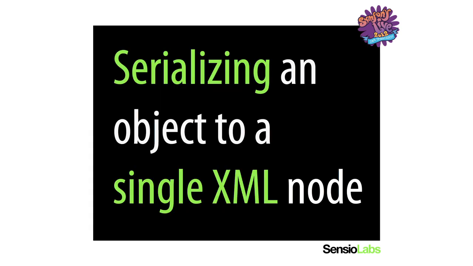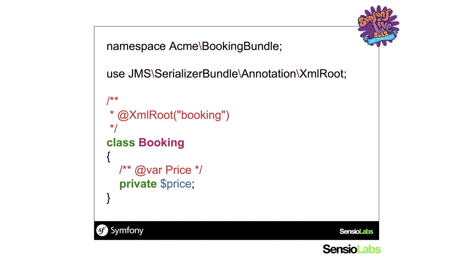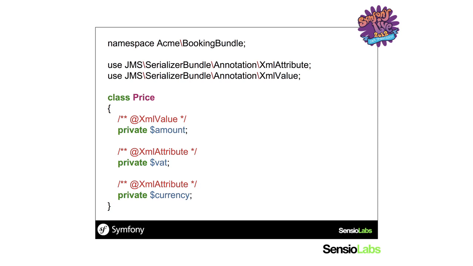We can also serialize an object to a single XML node. So this is an example. In my booking object, there's a price dependency, which is an object. As you can see, a price object contains three pieces of information: the amount, the VAT, and the currency. And I want to convert this price object to a single node, so I need to have attributes and a value.